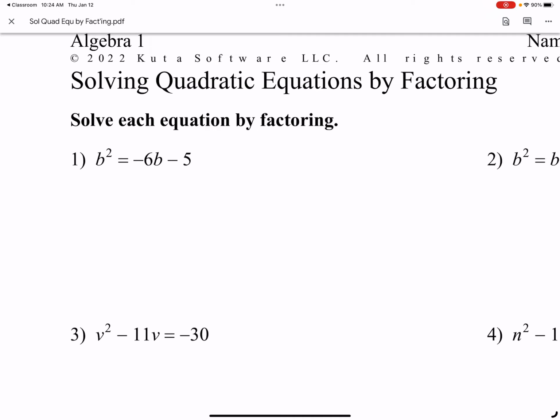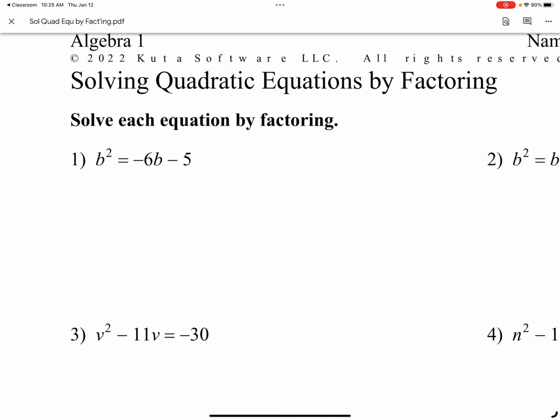AX plus BY equals C, but that means you're going to have the first one in descending order according to the variables. So you want your largest exponent to be first.